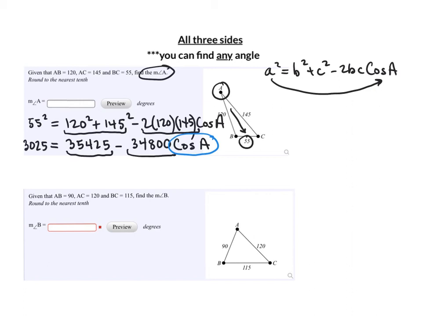So the next thing I need to do is subtract 35,425 from both sides. We end up with negative 32,400 equals negative 34,800 times the cosine of A. Now we'll divide both sides by negative 34,800.